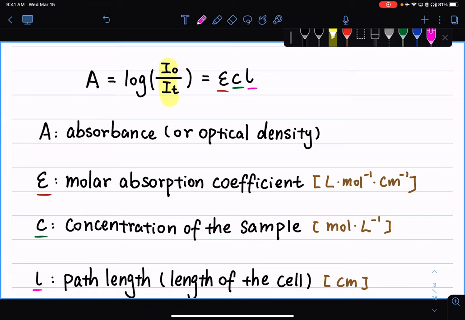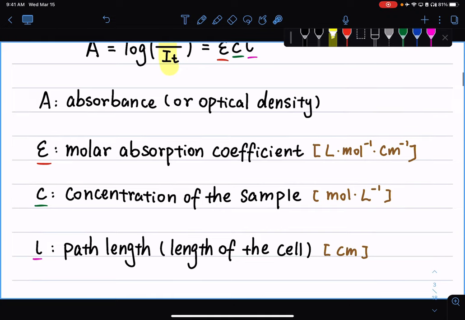We use traditional optical absorption spectroscopy a lot to measure the concentration of a solution. By measuring the concentration, you can easily imagine connecting it to stoichiometry problems.